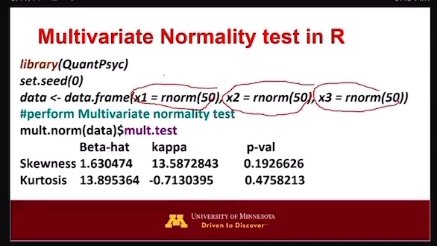I'm simulating each of them from normal, and I want to demonstrate that when I conduct a test, it's either they are jointly normally distributed or not. So each of them following normal distribution does not guarantee multivariate normality.